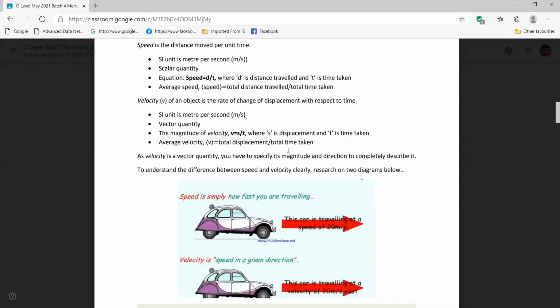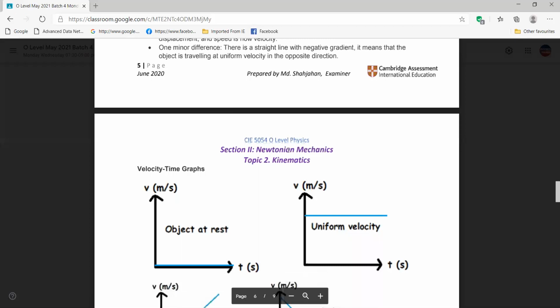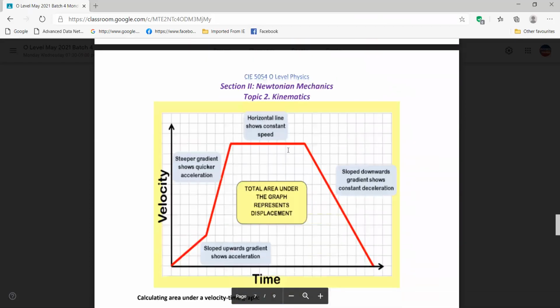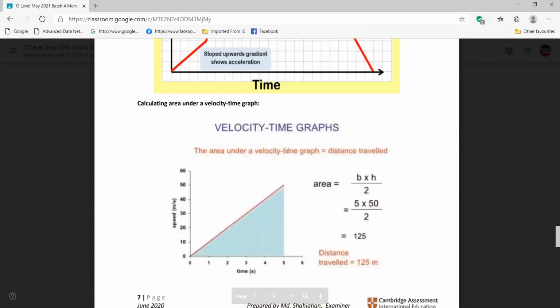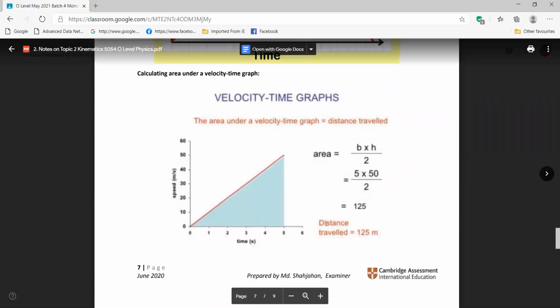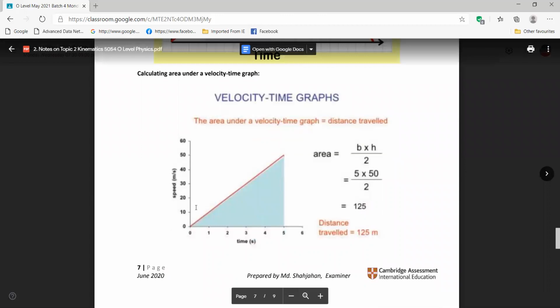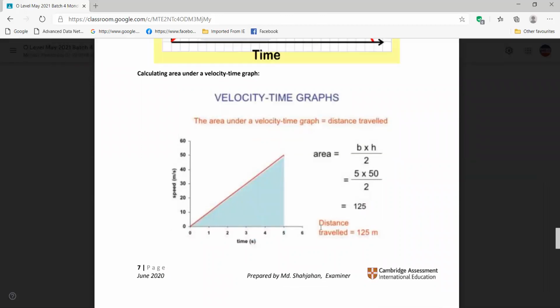Yes, sir. When we are getting a velocity time graph, that time we are getting displacement as the area under the graph. If it is a speed time graph, then we are getting distance traveled. Is it clear? The thing is almost similar, but there is a little bit of difference. Distance does not have any direction, but displacement, when we are getting that one, has direction.